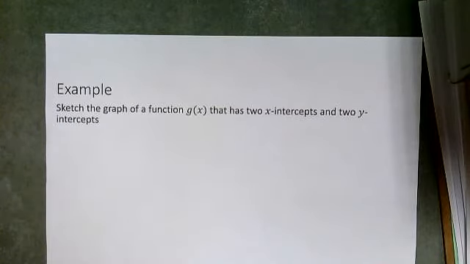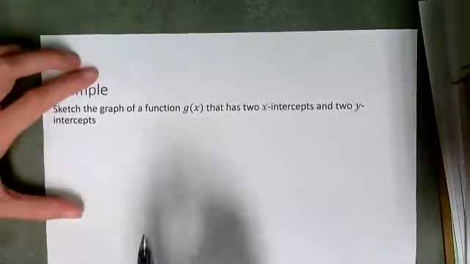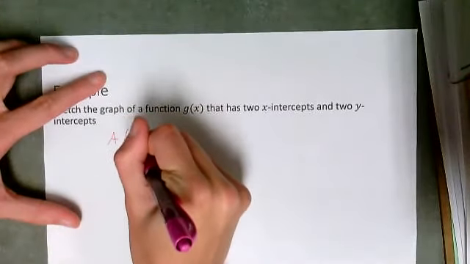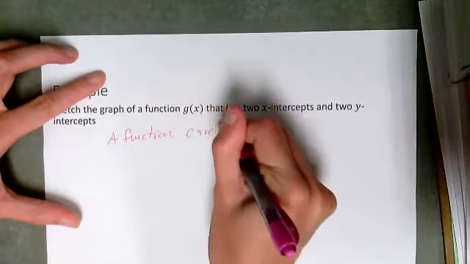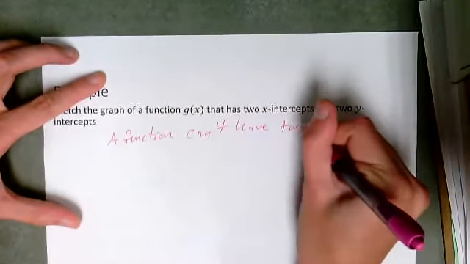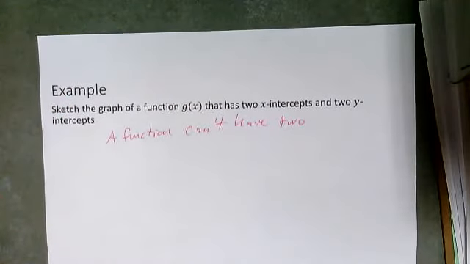All right. Sketch the graph of a function g of x that has 2 x-intercepts and 2 y-intercepts. This is a little bit interesting. Well, this is kind of a trick question because a function can't have 2 y-intercepts.